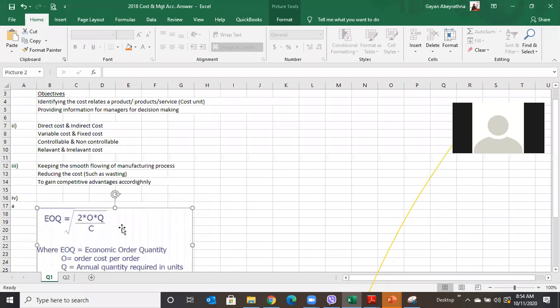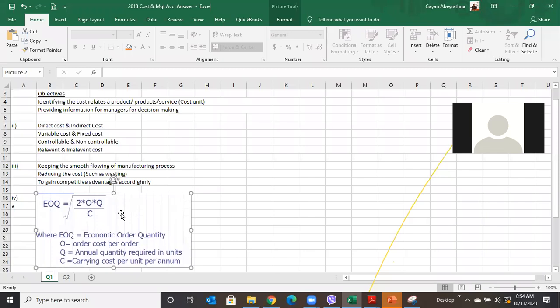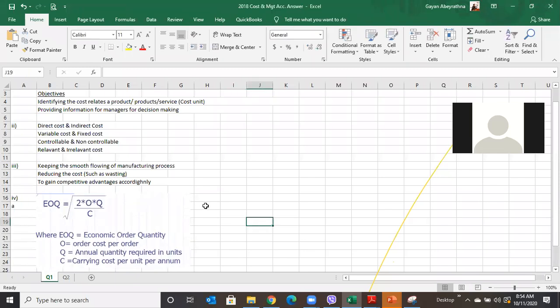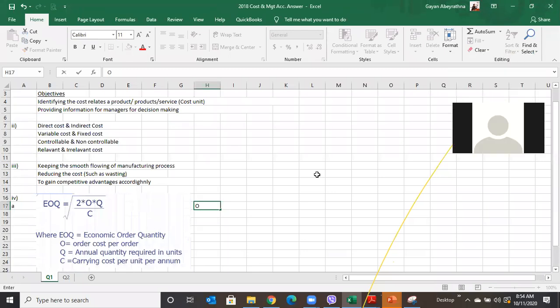Okay, tell me the order cost per unit. Prayari, Lakshita, Umesha, Saumya, please tell me the answers.